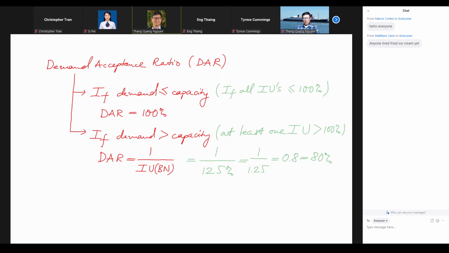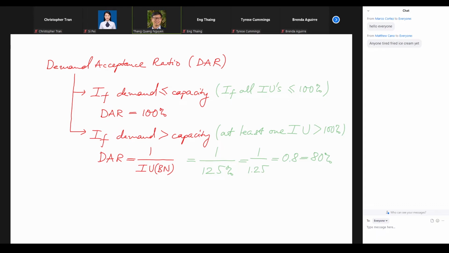Because we do not have enough resources to accept all of the demand, we have to say yes to 80% of the customers, and we have to say no to the remaining 20%, right? So you might say something like, we are sorry, we do not have enough people to handle all of the orders, so please come back the next day. You don't want to lose your customer, so you encourage them to come back. So in this case, we fall in the second scenario. We do not have enough capacity, so we only accept 80% of the demand.